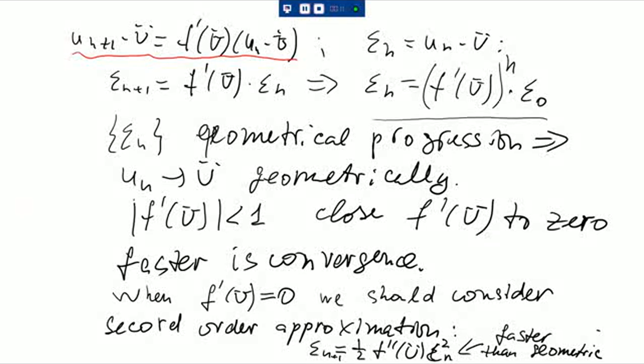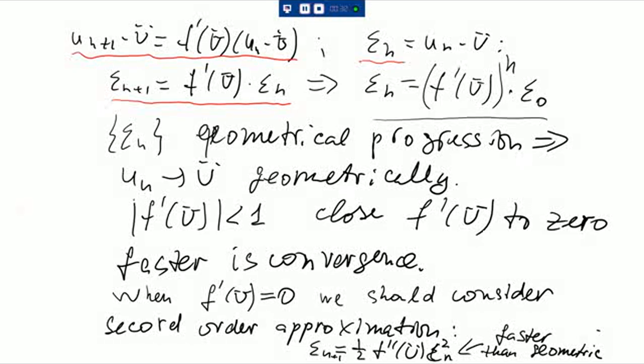Now we replace the difference between un or un plus 1 and u capital by epsilon n, so it's a substitution, a new variable. And in terms of the new variable, we will have a linear equation. We know the solution for this linear equation, it was derived before.